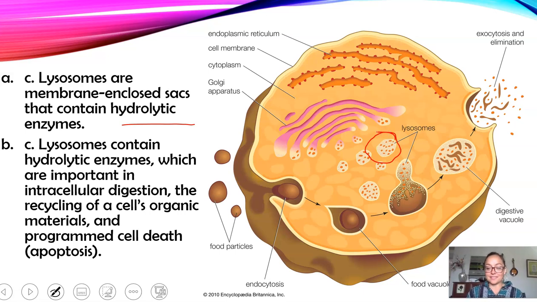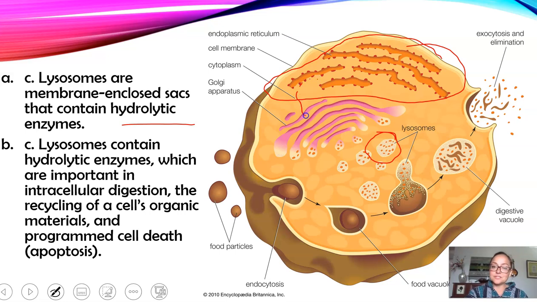If we look at this picture, you have your rough ER, and there are proteins made on the ribosomes there, and little vesicles will carry those proteins to the Golgi. Those proteins could be hydrolytic enzymes. They'll be modified and finalized in their structure within the Golgi.